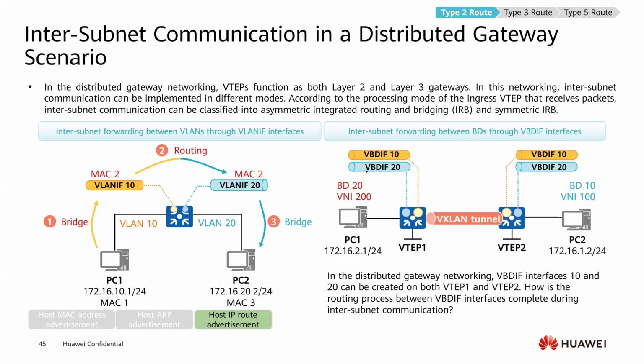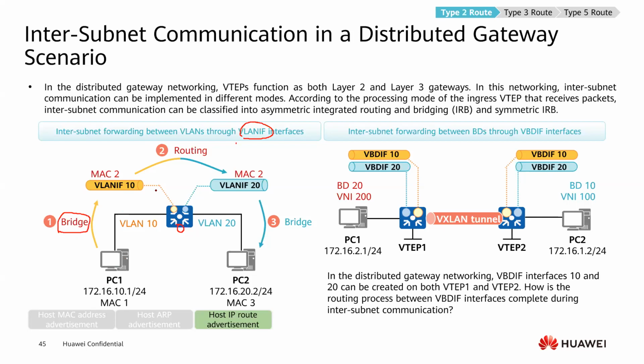Let's look at the terminology. For example, in traditional VLAN scenarios, the inter-subnet forwarding between VLANs goes through the VLANIF, and the VLANIFs are on the same device. For example, for PC1 and PC2, the gateways are VLANIF 10 and VLANIF 20. They are on the same switch, all right? Between PC1 and VLANIF 10, the process is bridging, which means it is level 2 forwarding.